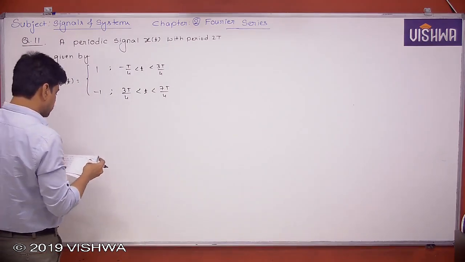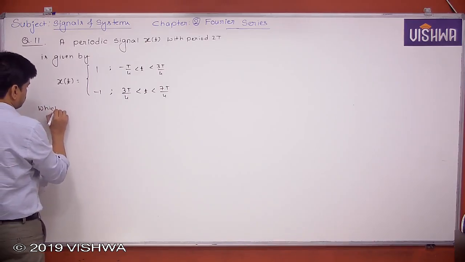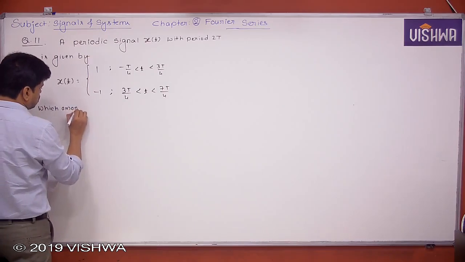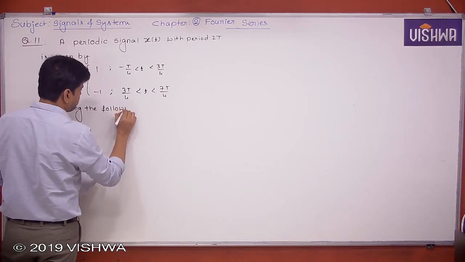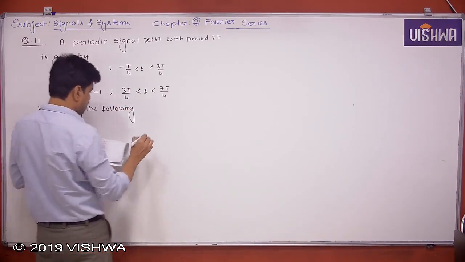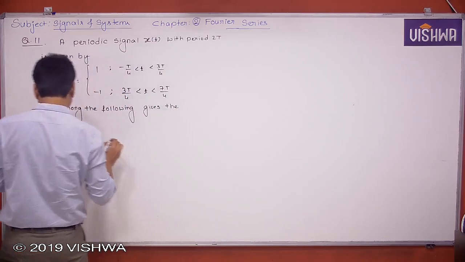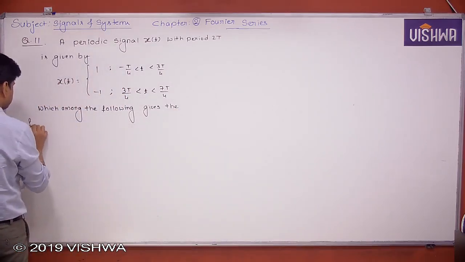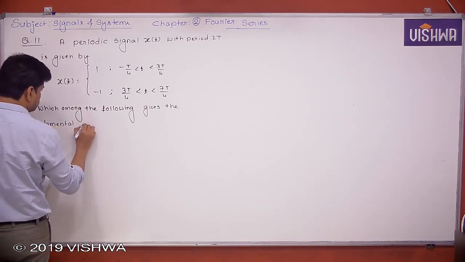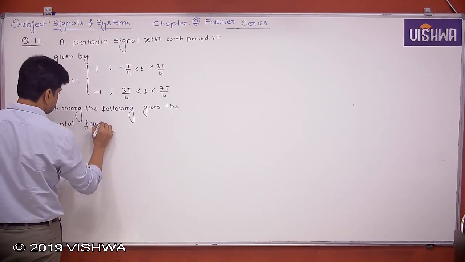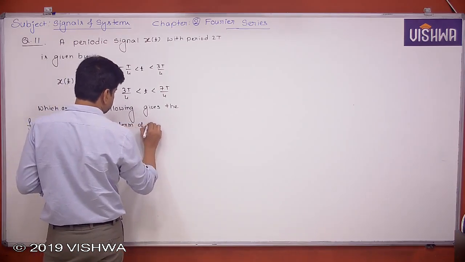Which among the following gives the fundamental Fourier term of x of t?